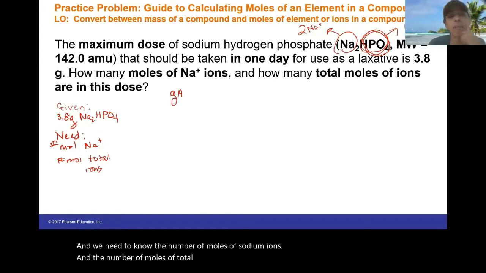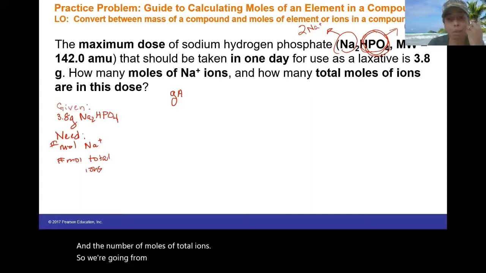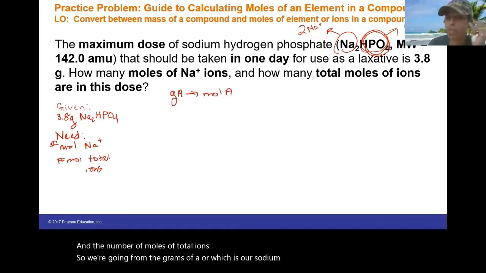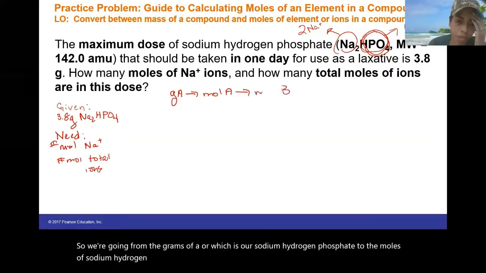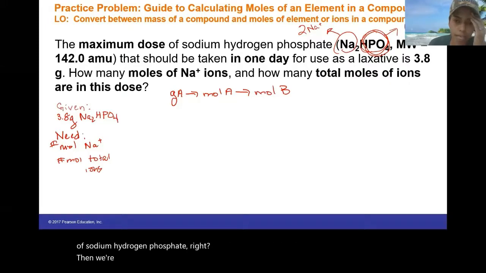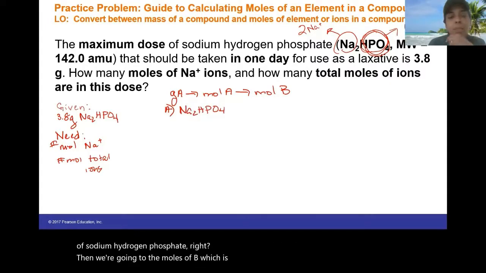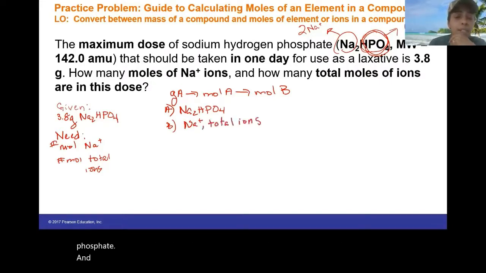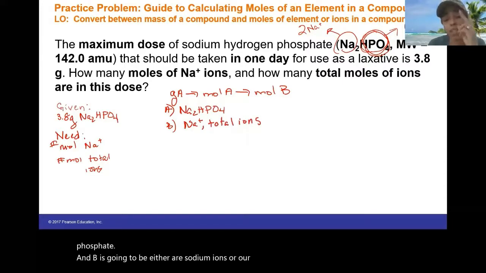So we're going from the grams of A, our sodium hydrogen phosphate, to the moles of sodium hydrogen phosphate, then to the moles of B, which is either our sodium ions or our total ions.